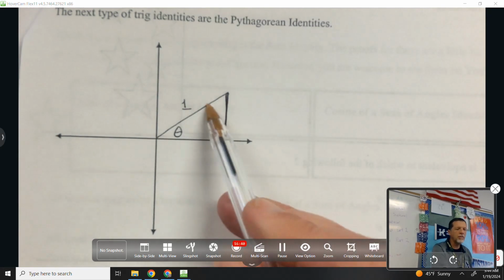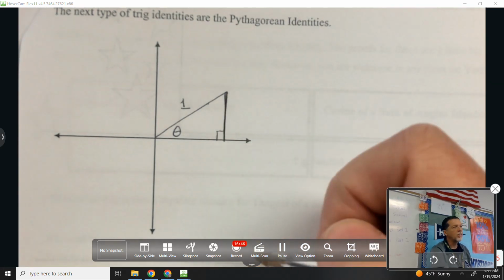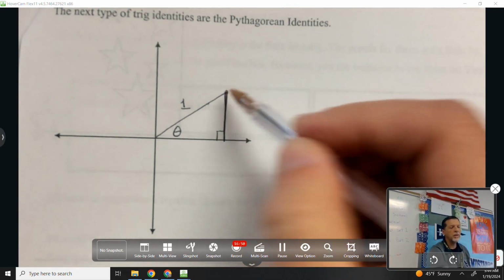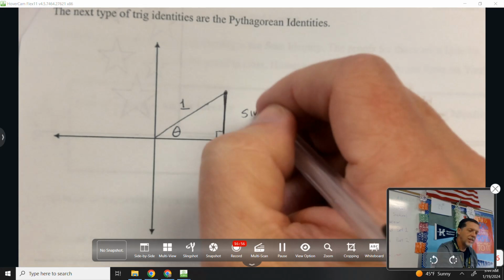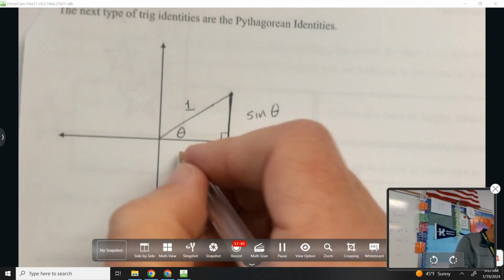If my radius is 1 and this is the angle, what's the height of that triangle? Another way to ask that is, what's the y coordinate of that point? Sine of the angle, because sine gives me the y coordinate, cosine gives me the x coordinate.